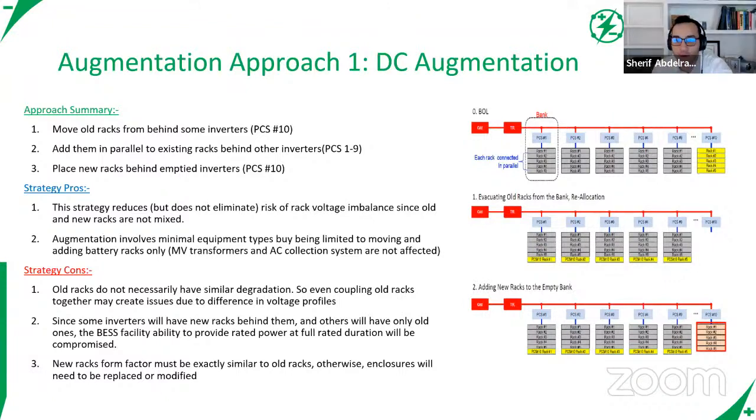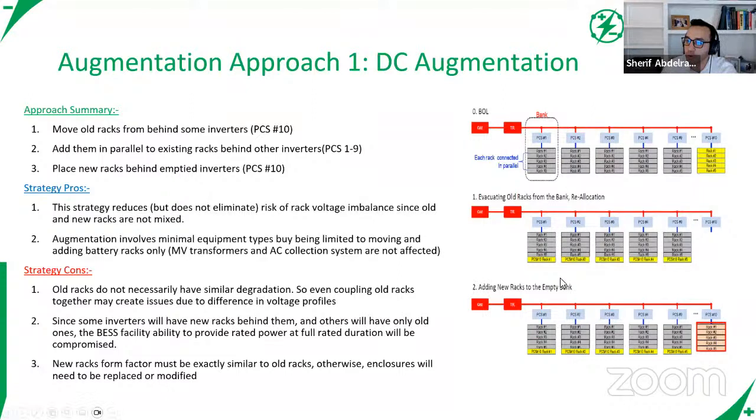Right. Yeah. Thanks, Adam, for that. Now, I'll add, in the beginning, I mentioned this is a DC augmentation A. DC augmentation B is where you have DC-DC converters to help you with that voltage imbalance. So the way OEMs and integrators are going about this is one of two ways.